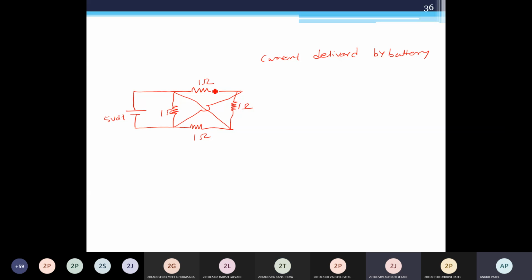You can see the connection is given here, and this connection is given here, so this is parallel. This connection is also given here, so this is parallel, and this is parallel. So all the 1 ohm resistors are connected in parallel. Now I am simplifying the circuit. So I can write this is 1, this is 1.